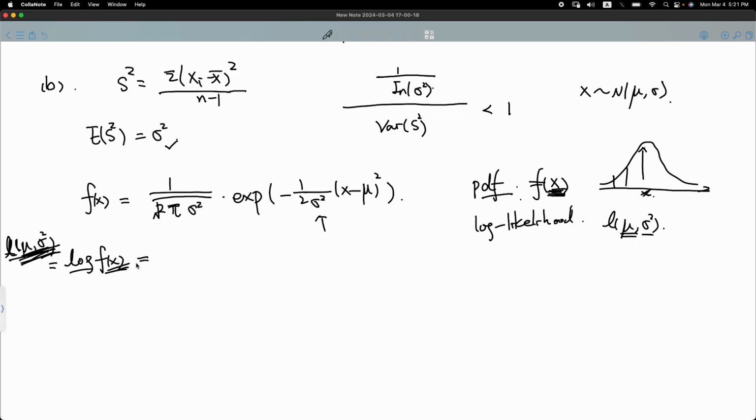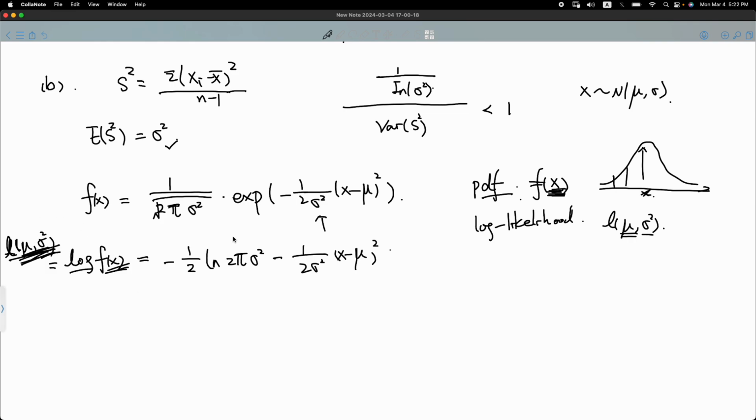So now we're just taking the log transformation, but conceptually it's totally different. Okay. So just taking the log of that, we will have negative 1/2, and then log of 2 pi and then the sigma square, minus 1 over 2 sigma square and then x minus mu square.